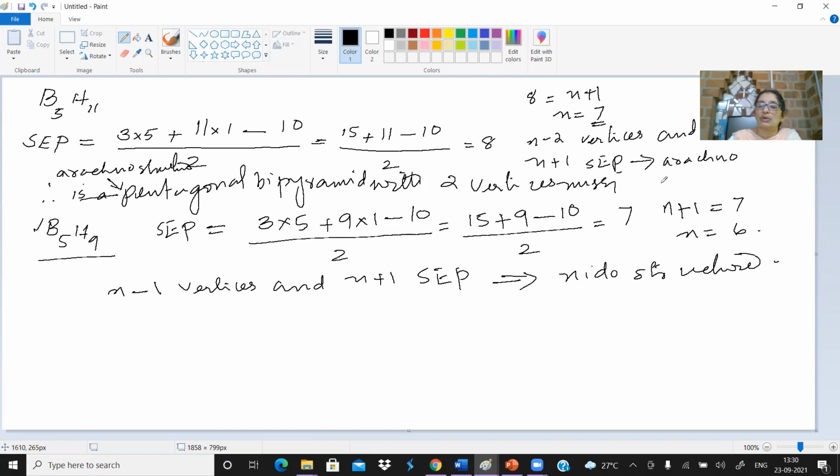You'll say that if all the 6 vertices were occupied with boron atoms, it would have been an octahedron, a closo octahedral cage structure. But here you have nido, that is, an octahedron with one vertex missing.